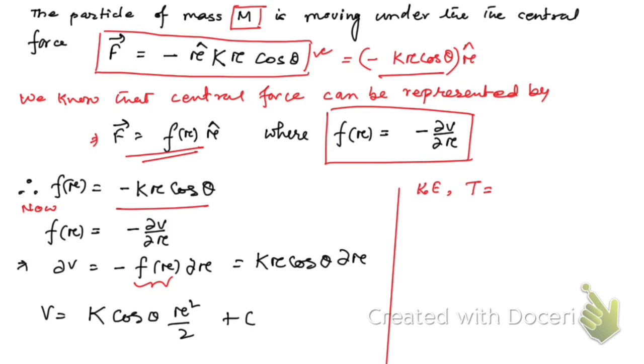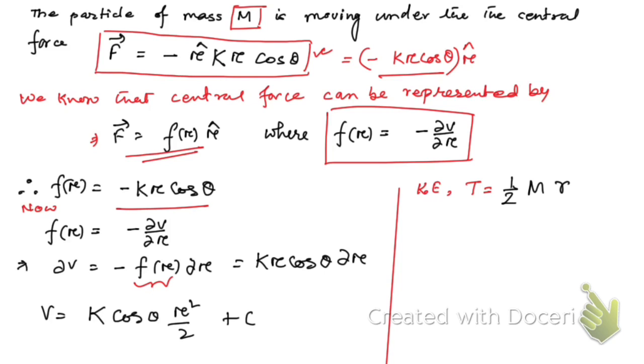T is equal to, for a particle under central force there will be two types of kinetic energies. One is due to angular motion, another is along the radius, that will be given by half m v square, where v is velocity, not the v which is potential.